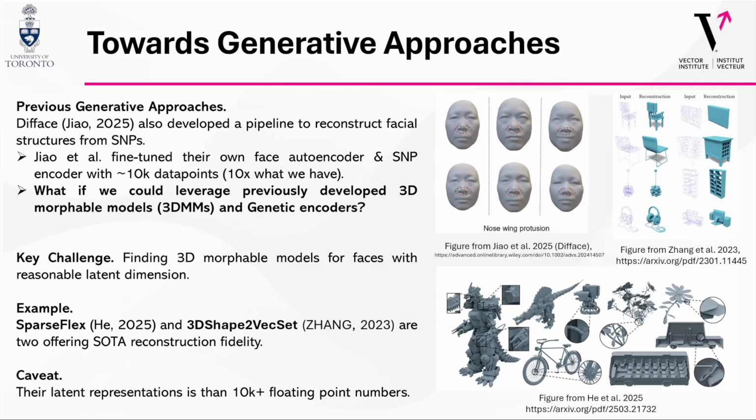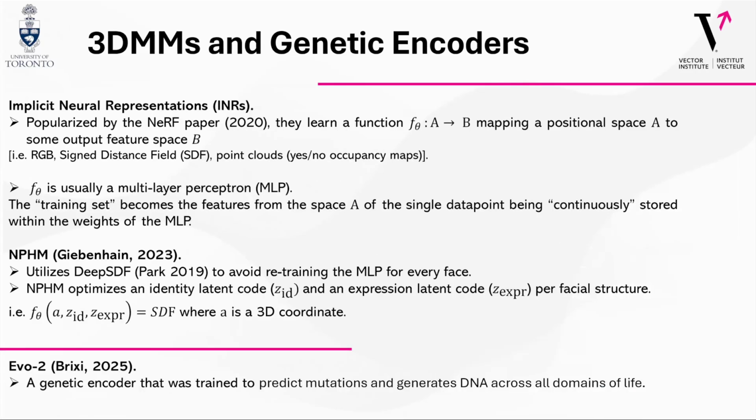So trying to regress those from the 350 SNPs is like going from an extremely sparse information pool to something extremely dense and complicated. Therefore, these state-of-the-art 3D reconstruction models are not necessarily the ones we want to use. So we are taking a look at other approaches.